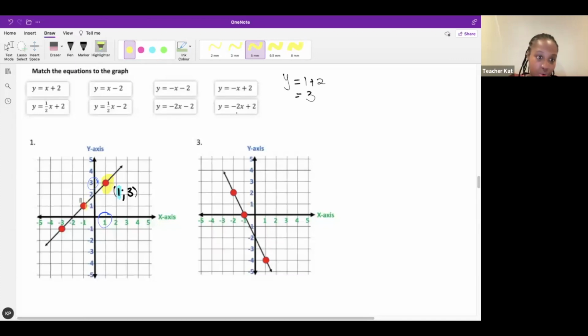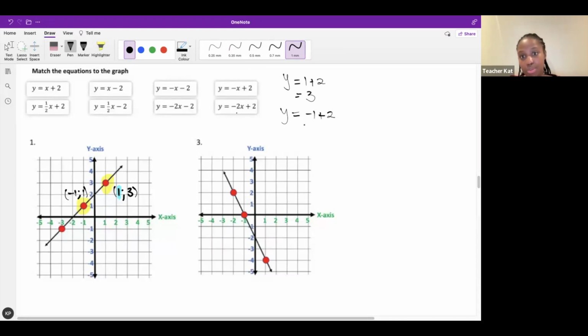Tell me what this coordinate is over here. This one that I highlight, the second highlighted coordinate is -1 and 1. Okay. Once again, I'm going to say y equals -1 plus 2.